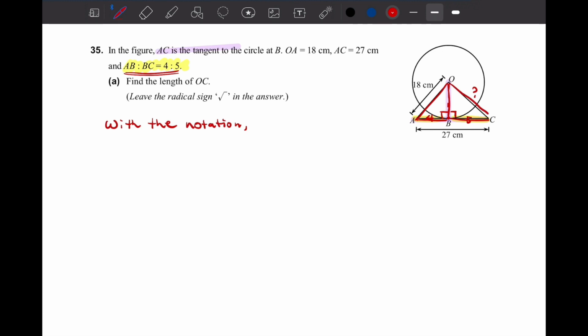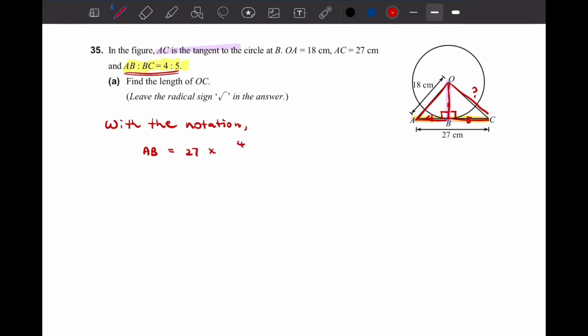So in here, we got two right angle triangles, and they want you to find OC. So in order to find OC, and I only have some lengths, probably I'm going to use my Pythagoras theorem because it's a right angle triangle. But the first thing is, I don't know what my OB is, I don't know what my BC is. But can I find BC? Yes, I can find BC. Why is that? Because I can find AB and BC as well.